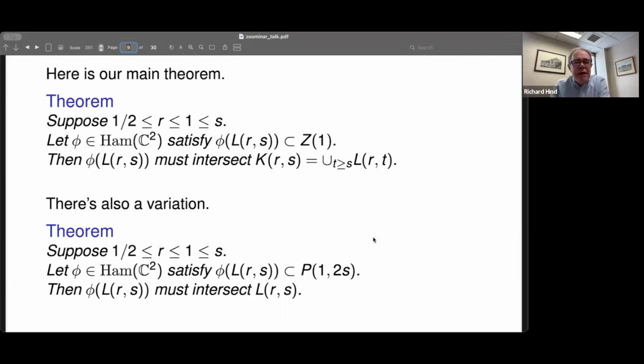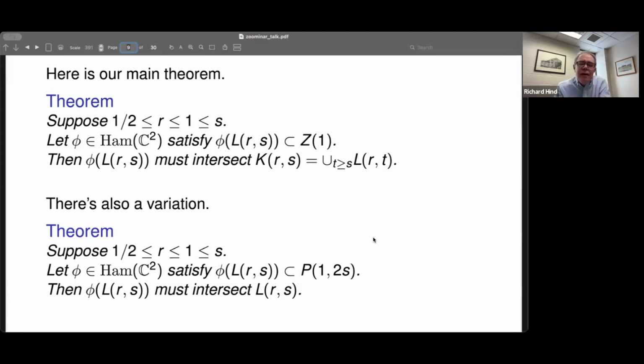There's also a variation. If you happen to know that the Hamiltonian diffeomorphism takes the Lagrangian torus back into a polydisk, so not just anywhere in the cylinder, into a particular polydisk, then in fact it would have to intersect your original Lagrangian. The proof of that is similar. The novelty in the second one is I'm not assuming that phi is compactly supported in the polydisk.